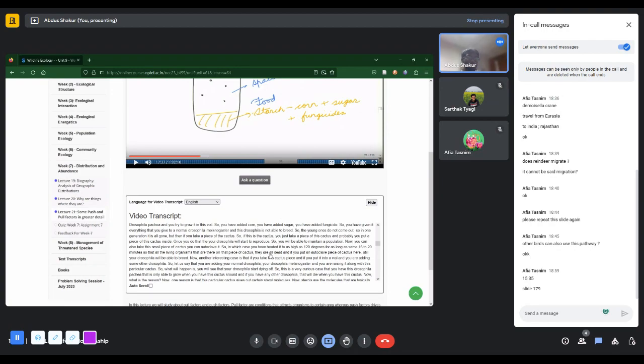Here the cactus is something, and Drosophila pachea is a species that has co-evolved with it, and can use some of those compounds for its own benefit, while Drosophila melanogaster is not able to use that. So it's not able to survive by just feeding on cactus.